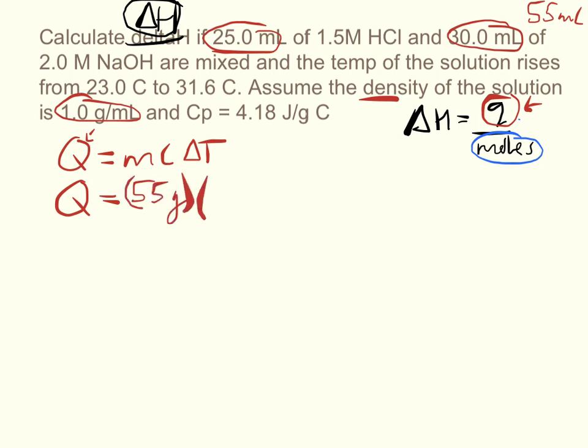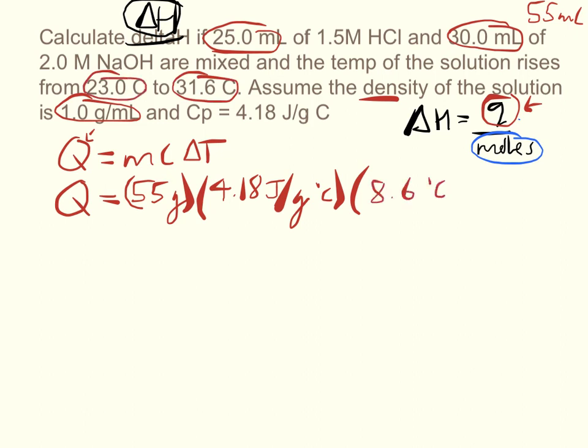The specific heat is given to me, 4.18 joules per gram degree Celsius. And the change in temperature is the final minus the initial. Well, 31.6 minus 23.0 gives me 8.6 degrees Celsius. So if I set that up, I do all the multiplication. Let's check my units. My grams cancel, my degrees Celsius cancel.